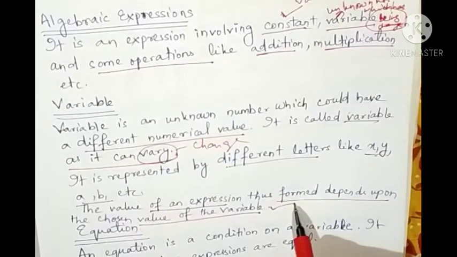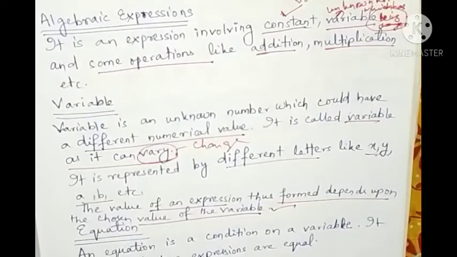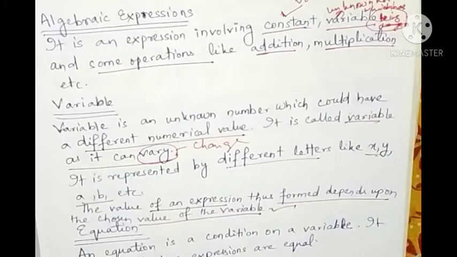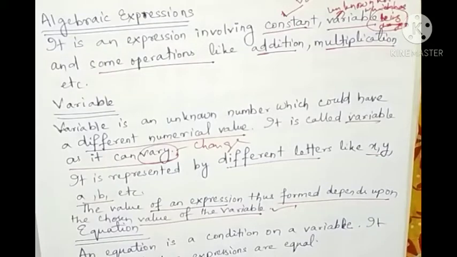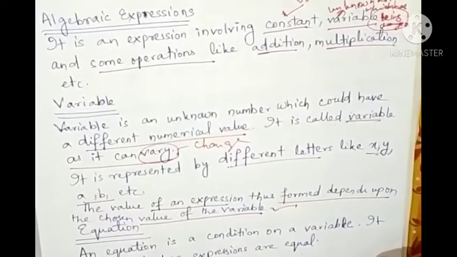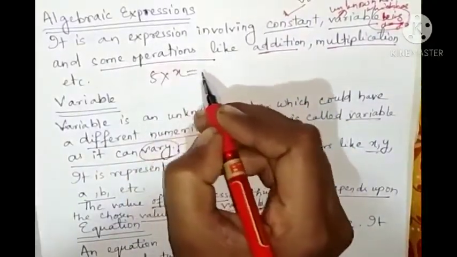So if we say the cost of 5 chocolates is 50 rupees, when we present it in an expression, we say let the cost of a chocolate be X. So the cost of 5 chocolates, 5 into X, equal to 50.